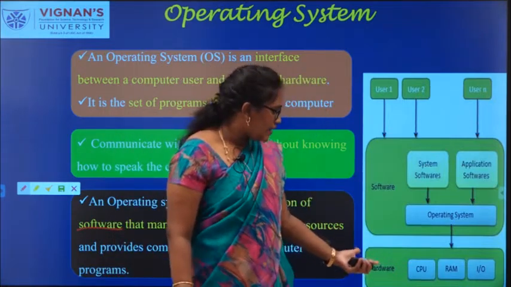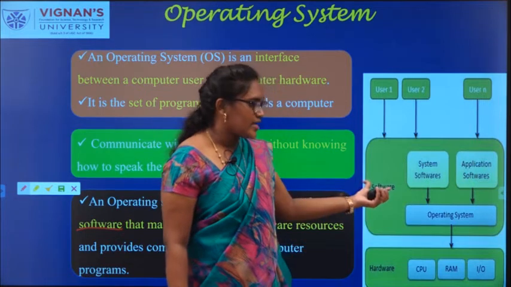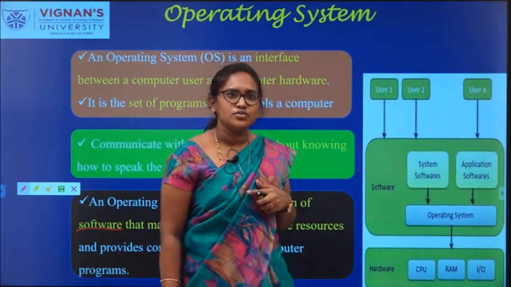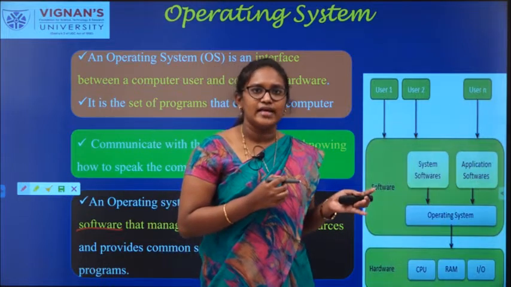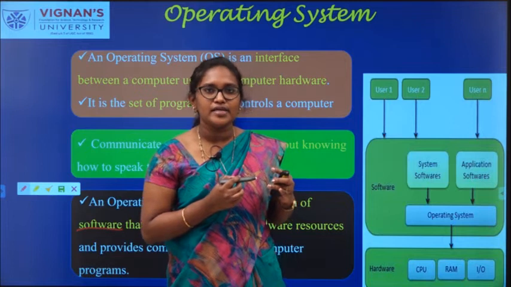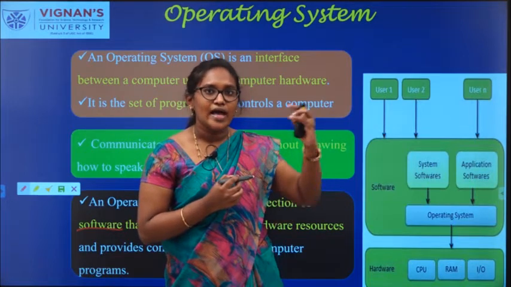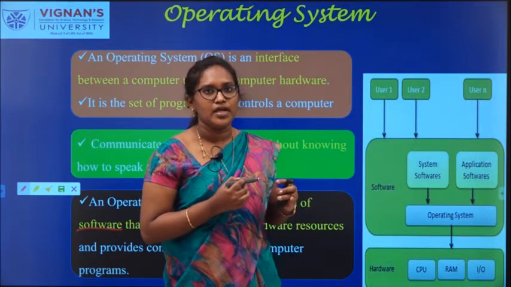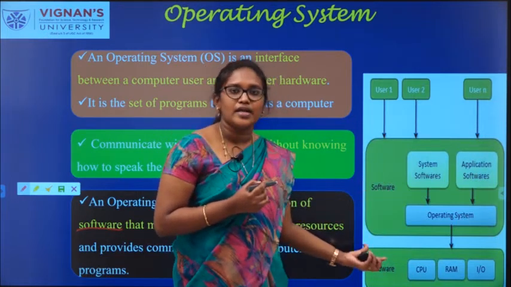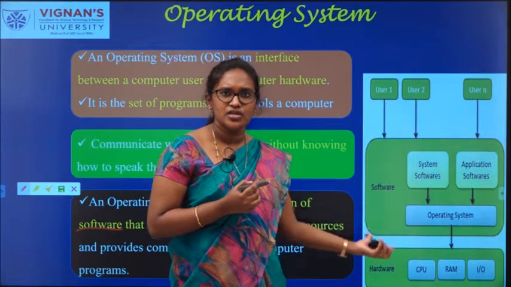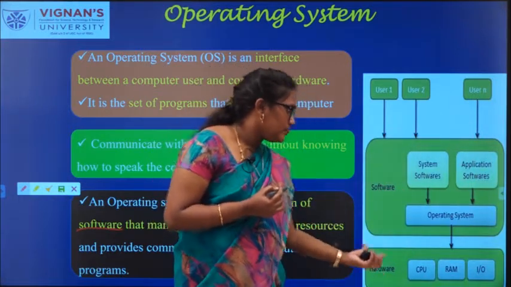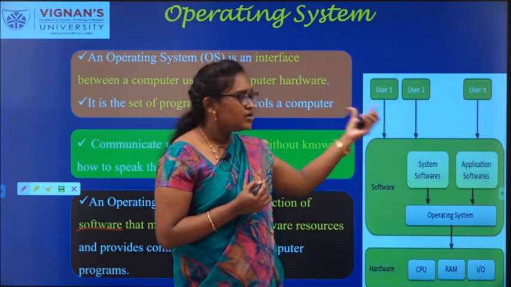Here you have hardware, the second part is software, and then the user. We have already said that the operating system acts as a mediator between the user and the computer, right? Here the computer's components are divided into hardware and software. So here I am taking hardware, software and user.